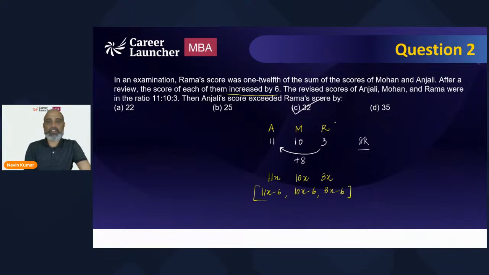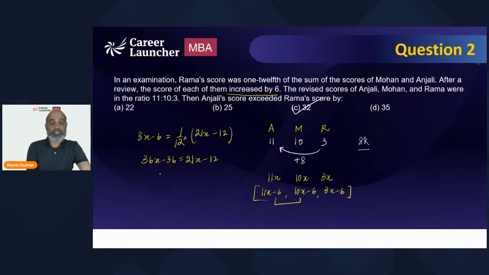It is given that Rama's score, that is 3x minus 6, was 1/12 of the sum of the scores of Mohan and Anjali. So if we add them, we will have 11 plus 10, 21x minus 6, which is going to give us minus 12. If I cross multiply, I'll get 36x minus 36 is equal to 21x minus 12.